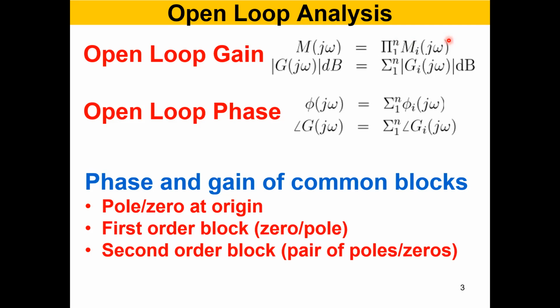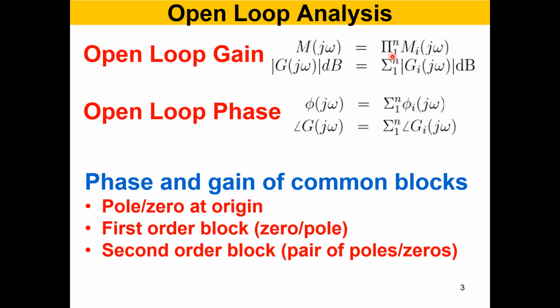So gain is represented using two methods. One is the absolute gain. The other one is decibel gain. In decibel gain, you add the individual block gains. In dB, you add them together, summation. But if you don't use dB, you use absolute gain, then you multiply them together. Okay.